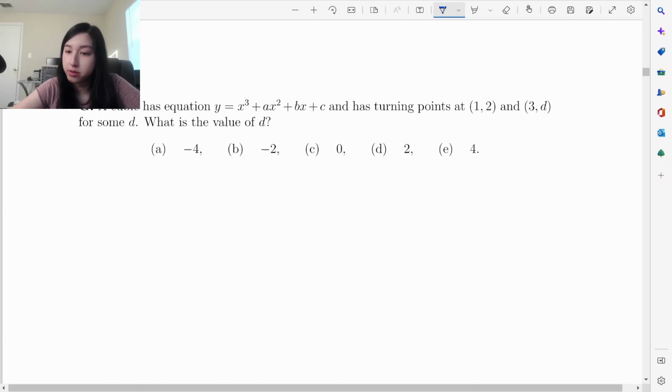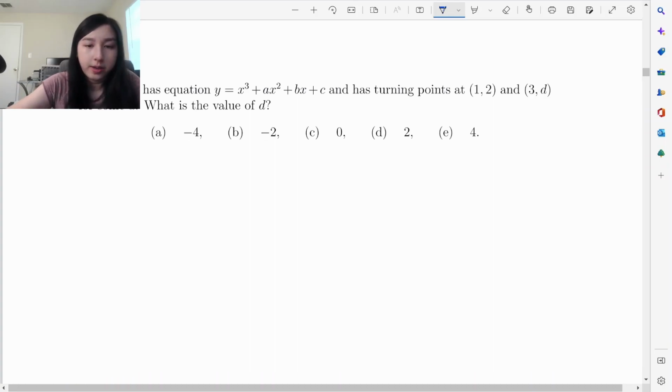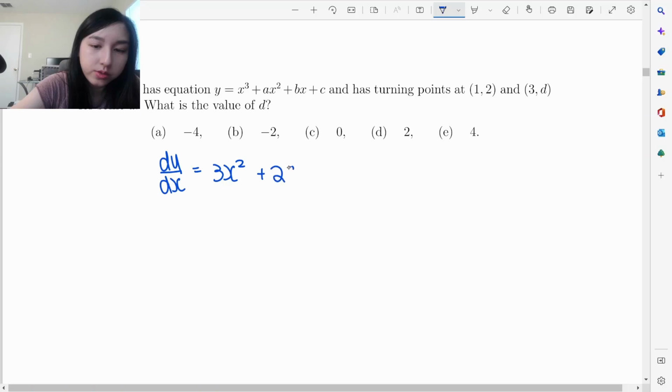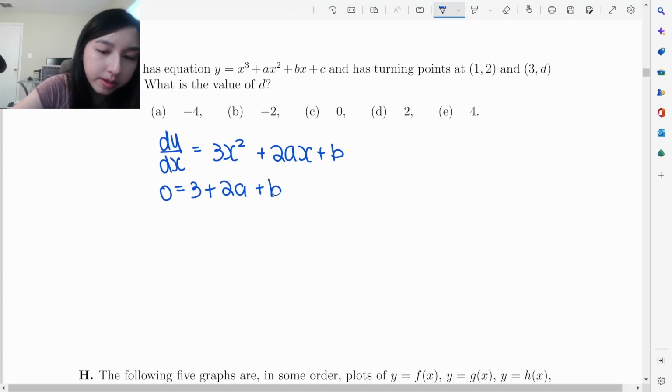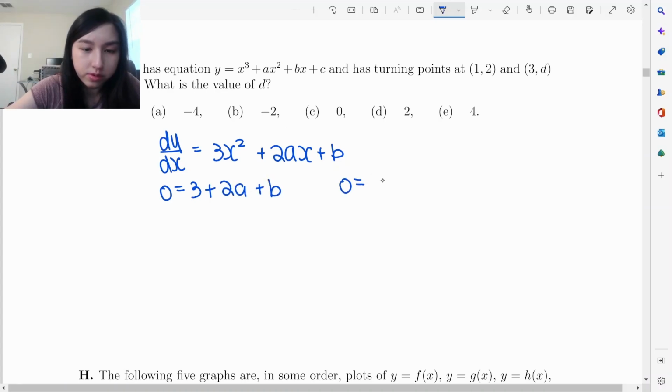The cubic equation has those turning points, 1, 2, 3, d. Alright, so dy over dx equals 3x squared plus 2ax plus b. Let's find a and b. If we plug in dy over dx as 0 at x equals 1, 0 equals 3 plus 2a plus b, and also 0 equals 27 plus 6a plus b.